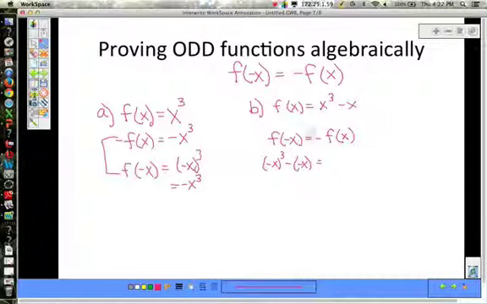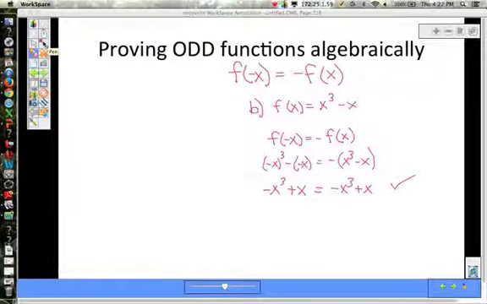We're going to see if that equals the opposite of x cubed minus x. Let's simplify. That negative can come out in front since it's an odd power. Negative and negative plus x equals, we distribute that negative, negative x cubed plus x, so it's odd.